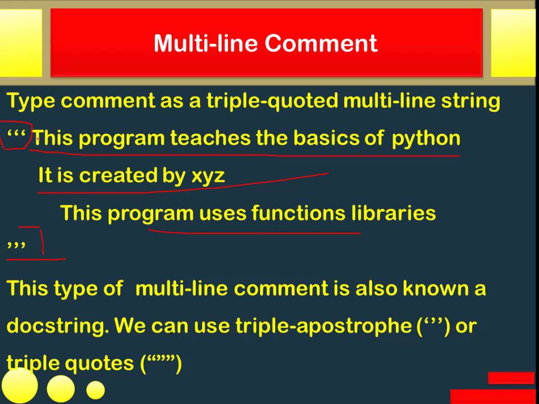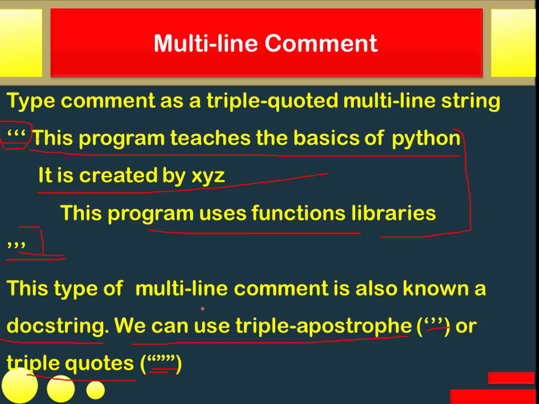So this is the second way to write a multi-line comment using quotes, and these quotes can be single quotes or double quotes, anything you can use. This type of multi-line comment is also known as a docstring. We can use triple apostrophes or triple quotes, but it's typed 3 times. So that is your multi-line comment.